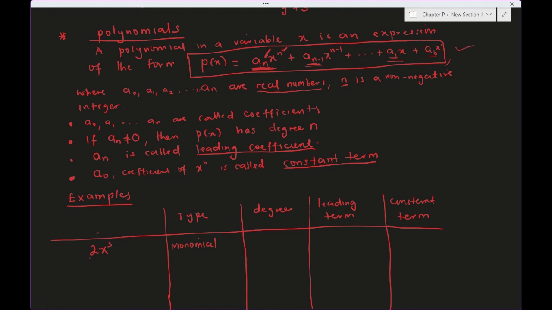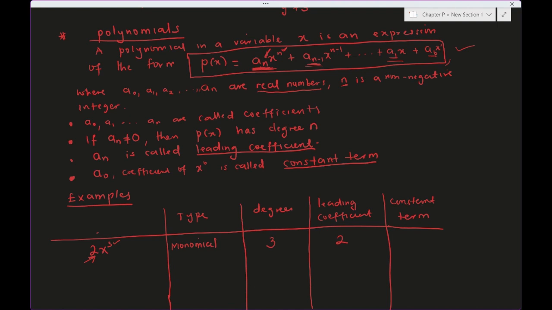So now what is the degree? Just like we said, the degree is the highest power of the variable. The highest power of the variable here is 3, so the degree is simply 3. And what is the leading coefficient? The leading coefficient is just the number behind the term with the highest power, so the leading coefficient is 2.